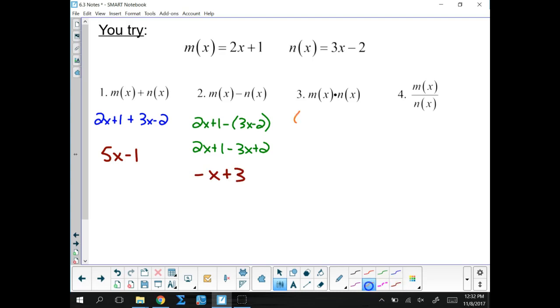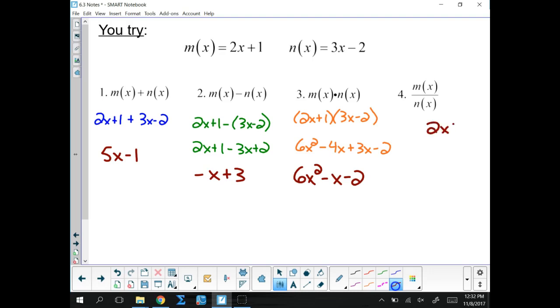Multiplying the two functions, I get 6x squared minus x minus 2. Dividing the two functions, I get 2x plus 1 divided by 3x minus 2.